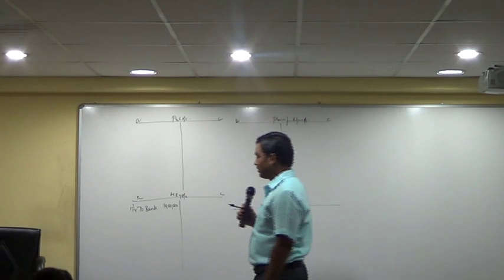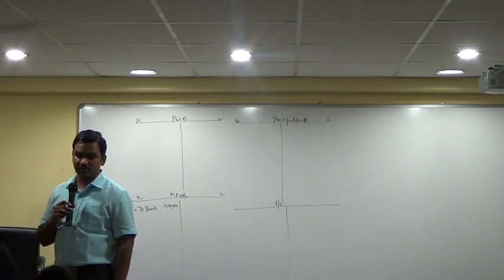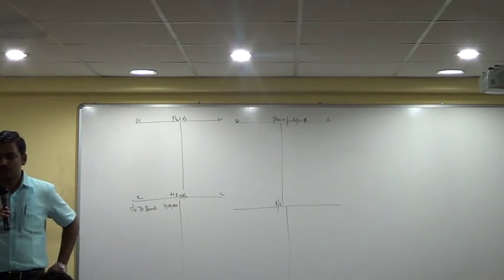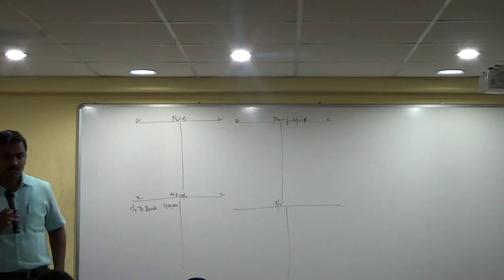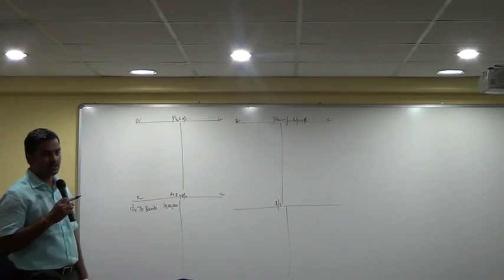Correct everyone? Now at the end of the year we have to provide for depreciation at the rate of 10%. So how much depreciation? 10 lakh into 10%, 1 lakh rupees is depreciation.